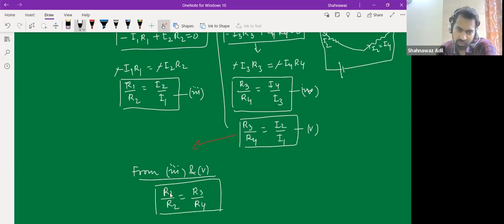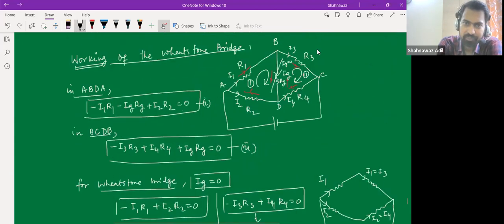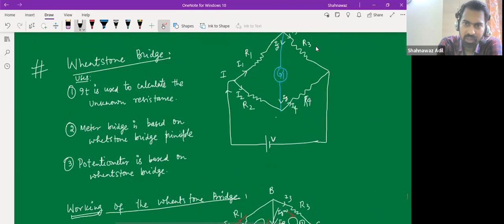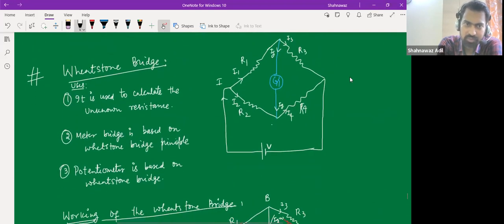So when we know R1, R2, and R3, we can calculate the unknown resistance R4. So this is the working of the Wheatstone bridge. If you guys have any doubt, you can ask me. Any doubt? Yes, guys, any doubt? No, sir. Please note it down, and then let's see if we can do some questions.